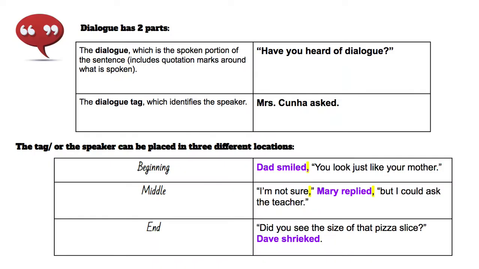So let's talk about the dialogue tags, right? Now, I want you to make a connection with when you receive a gift on Christmas morning, or if you receive a gift on your birthday. So many times you will have, let's say, a box, wrapped up with a nice big bow, and many of the times you will have a tag, right, that is attached to that box.